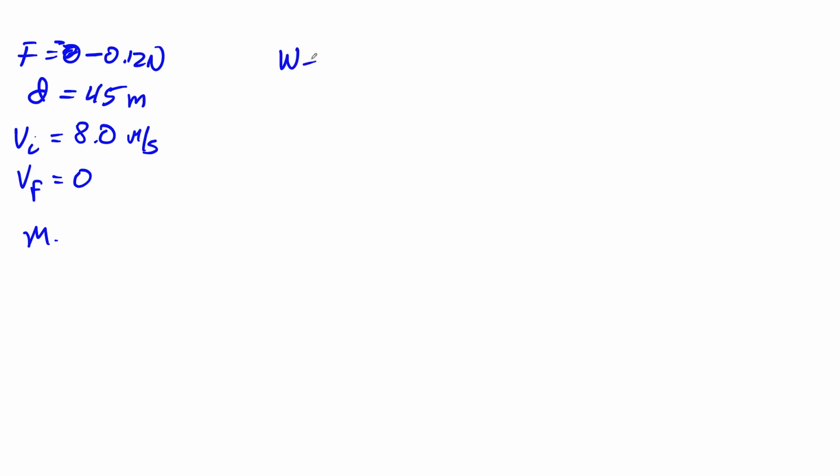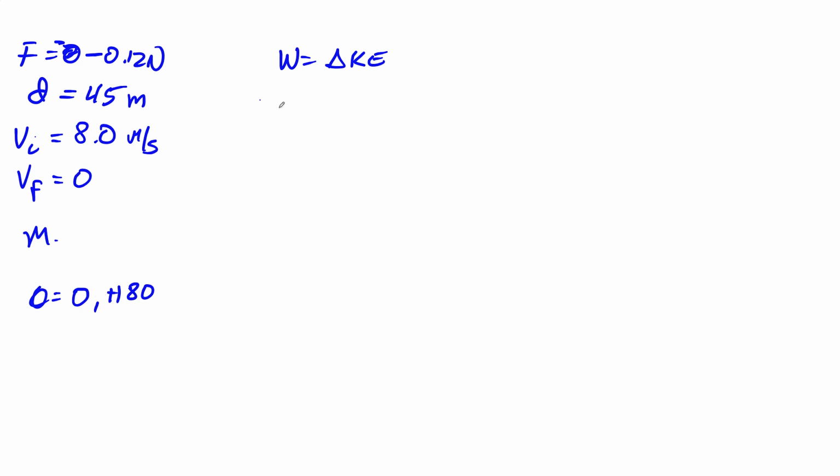So let's look at this. Work is equal to the change in kinetic energy, and what we're going to do is take the angle theta, which is going to be 0 or 180 degrees. It doesn't matter. Every time we look at this, it's going to be 1.